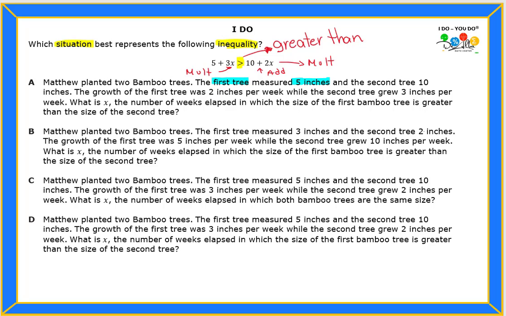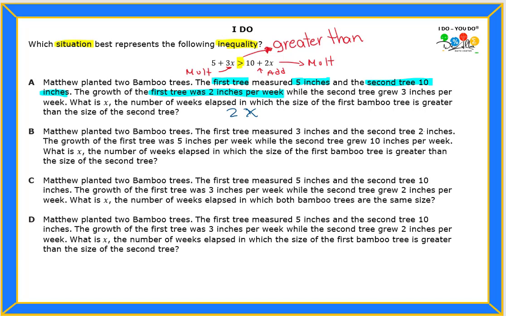It says, and the second tree was 10 inches. Okay, and then it goes on, it says, the growth of the first tree was 2 inches per week. So these 2 inches per week would be 2x, right?